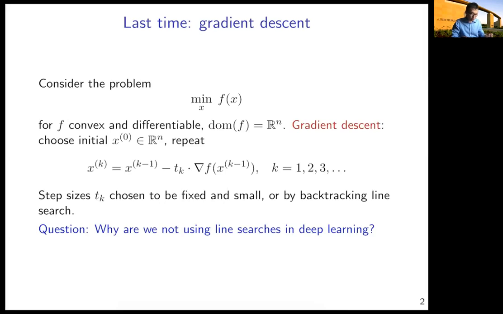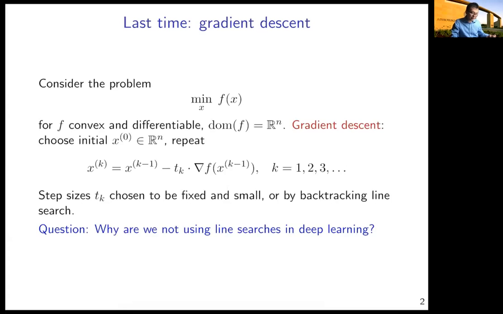One question, for those who are familiar with machine learning and optimization for deep learning, to have in mind is that since backtracking line search is such a powerful technique, why aren't people using it? Why are people still hand-tuning the learning rates of their favorite optimizers like stochastic gradient descent or Adam in deep learning? What's the difference?